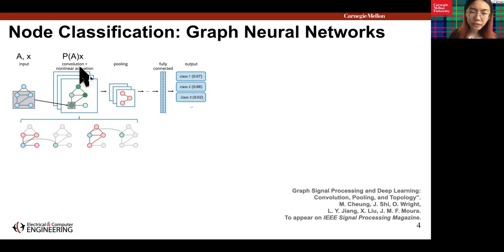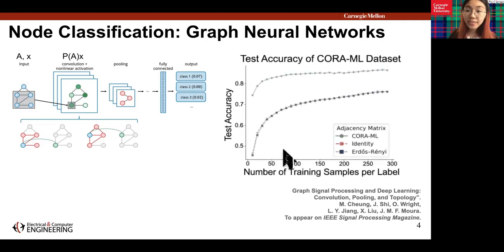As you can see from the definition of graph convolution, what A is really will affect what graph convolution does. And as one could expect, if we fix the graph signal X and change the graph structure A, then the performance of this model will be different because we are given a different graph structure. Indeed, this figure shows the test accuracy of a graph CNN on the Cora ML dataset, which is a citation network.